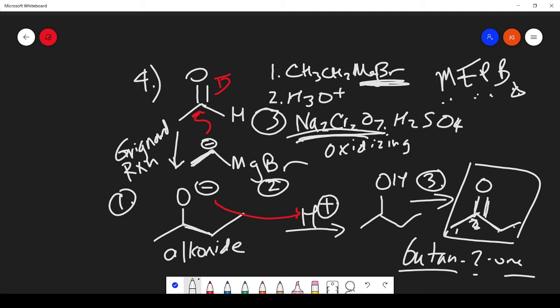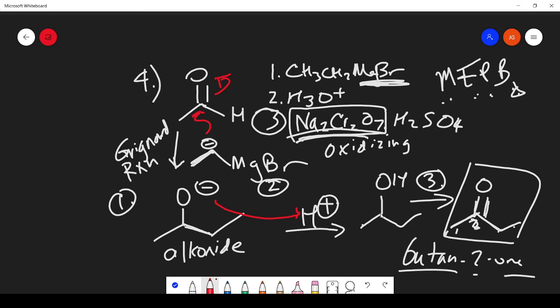Now you might say, I remember this being a very strong oxidizing agent, and you're correct. So why doesn't it form a carboxylic acid? Well, that will only happen if this is a primary carbon. So if we had the OH at the end, then yes, we would form a carboxylic acid.